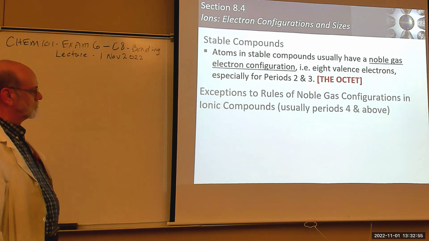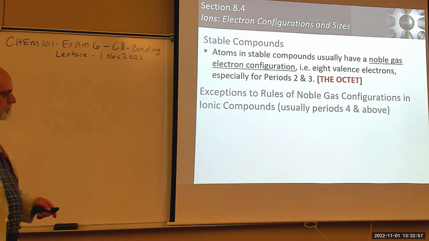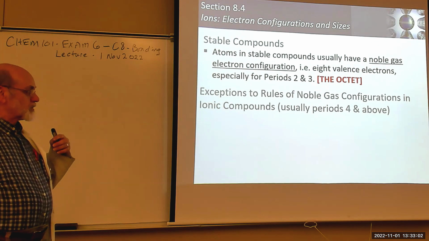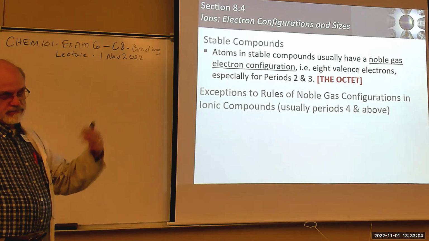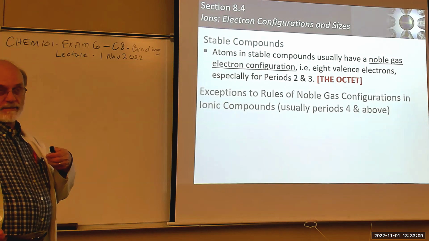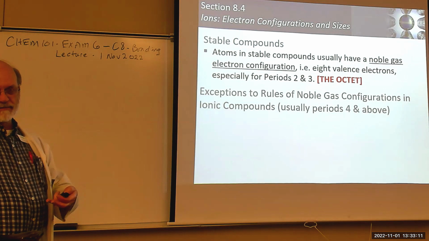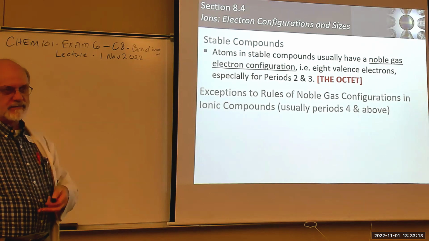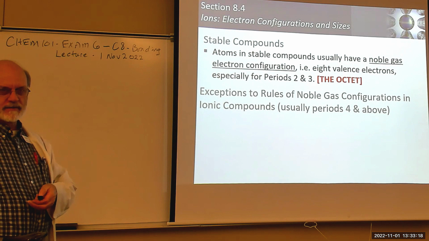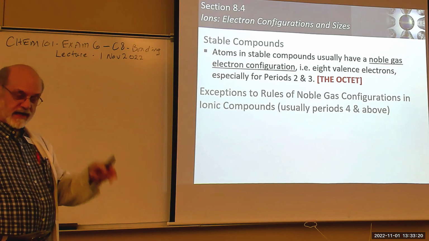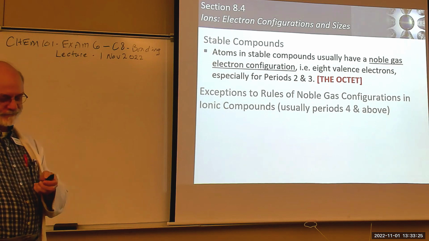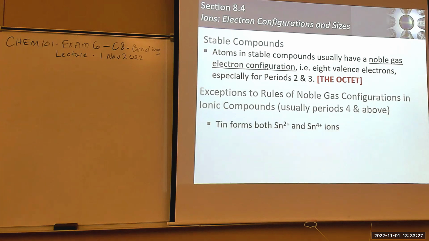Here we go. So these exceptions to the rules occur usually in period 4 and higher, because you're starting to get the availability of d orbitals, and they don't behave. They're not octets, right? How many electrons can you have in a d? 10. Right? So if you've got an s and a p and a d, you're 18, not 8. Okay.